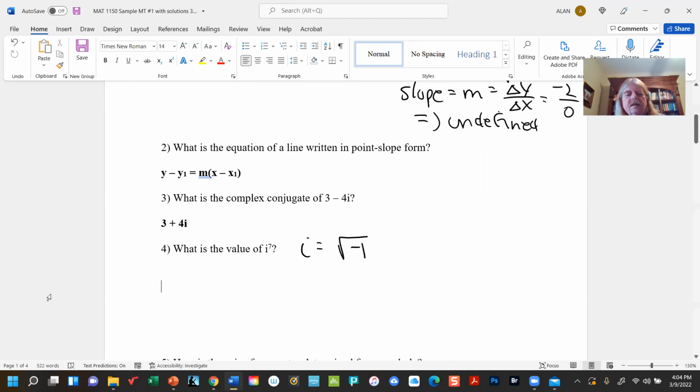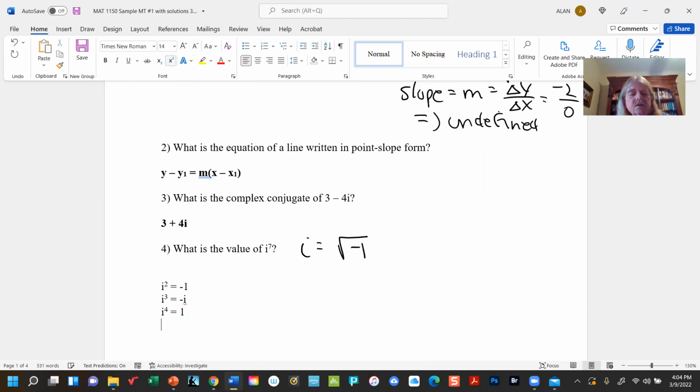Which tells me that i squared is -1. i cubed must be -i, because you're multiplying i times -1. i to the 4th is i squared squared, which is 1.